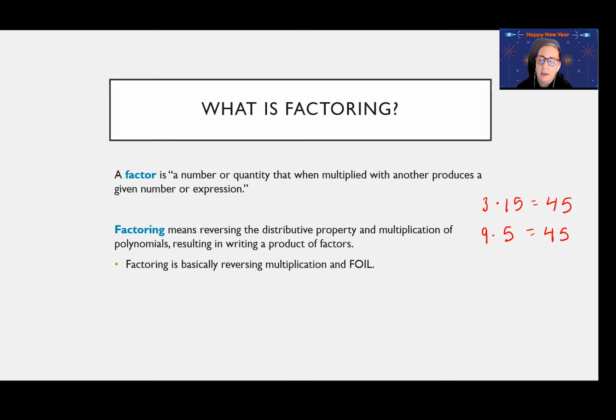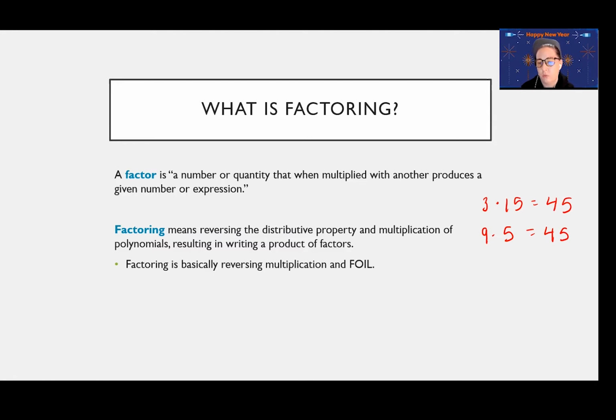So factoring is when we take something that's been multiplied and we're splitting it up into things that are multiplied together. So if you were to factor 45, instead of writing it as 45, you're writing it as 3 times 15, or you're writing it as 9 times 5. So you're kind of undoing the multiplication.